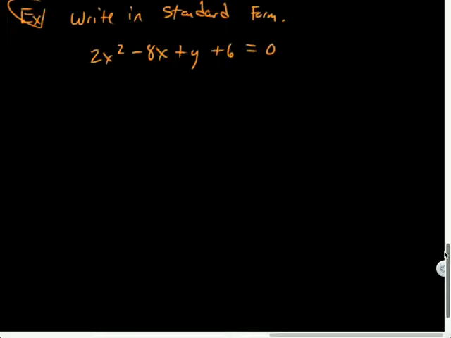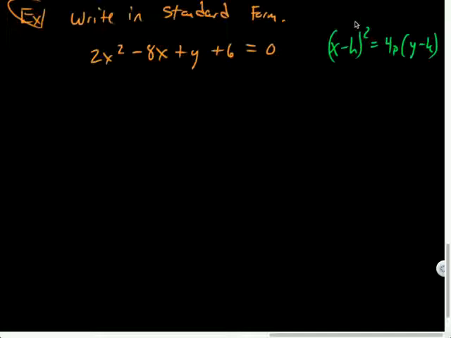Based on this, depending on which term I have squared is going to determine how I break this up. So is this horizontal or vertical? Vertical, because the x is squared. So what I'm trying to get this into is this form, x minus h squared equals 4p times y minus k. That's what I want to get it into.